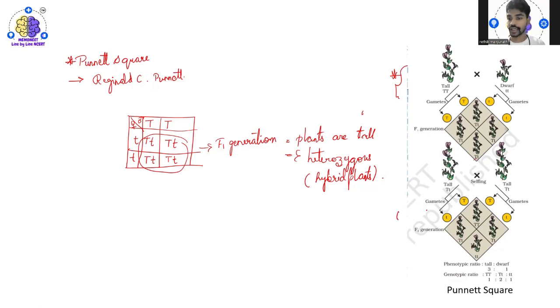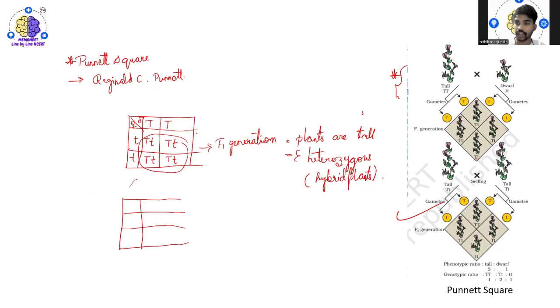So that is what they have given here. When you have gametes, they will do selfing. What is selfing here?